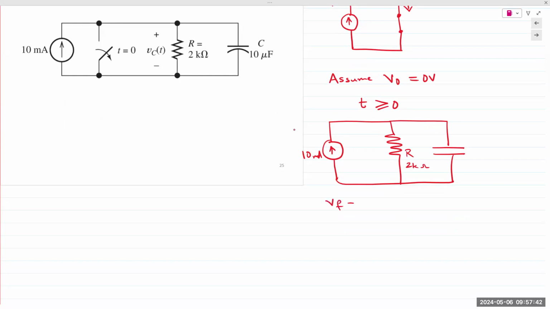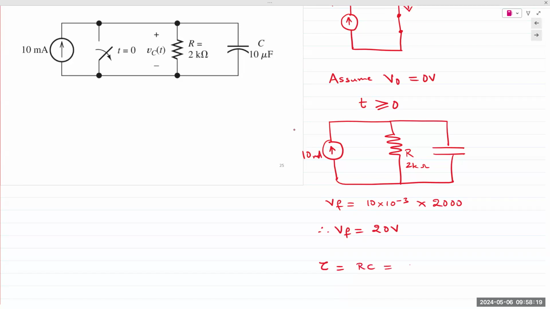So the final value of voltage can be found by applying Ohm's law: 10 milliamps times 2 kilo ohms, which is 2000 times 10⁻³ to 20 volts. And tau is simply RC.